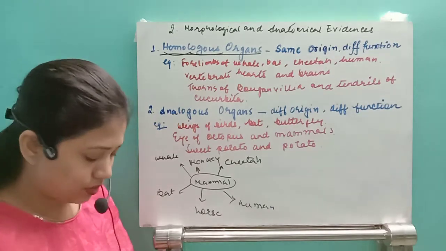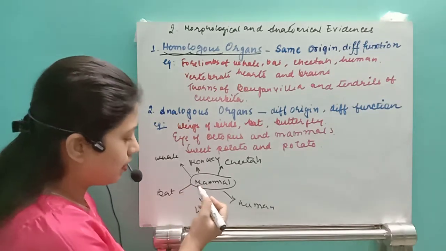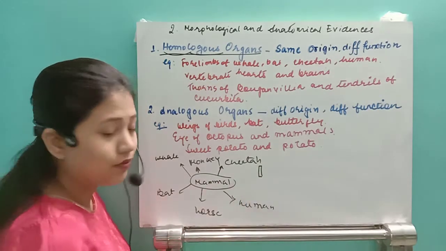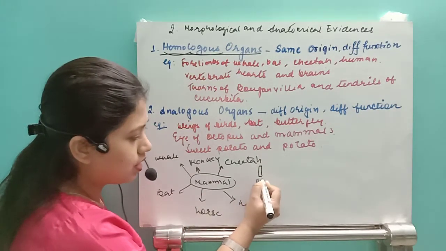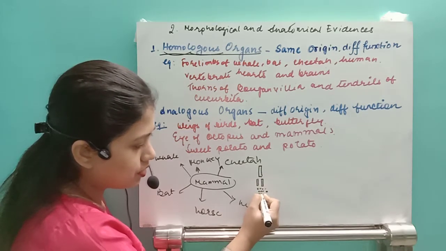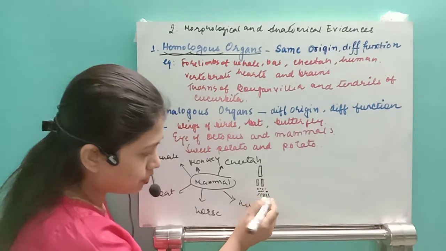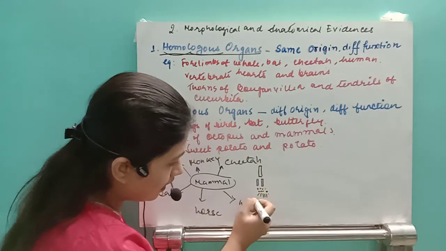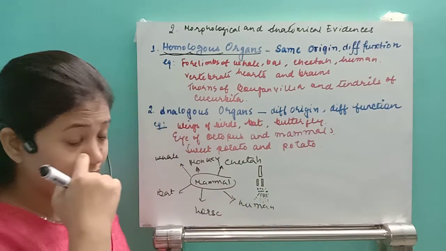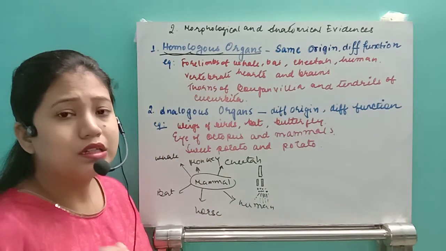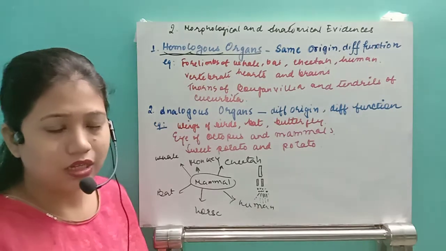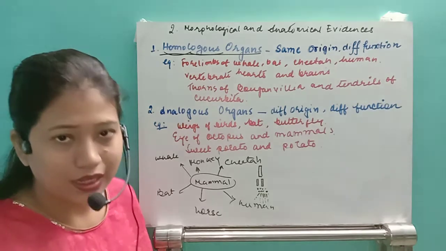Just see the mammals which have legs and the structure. First of all, we have the humerus, then radius, ulna, then carpus, then metacarpus, and after that the phalanges. In total, a human has 30 bones in the limbs, both forelimb and hind limb.